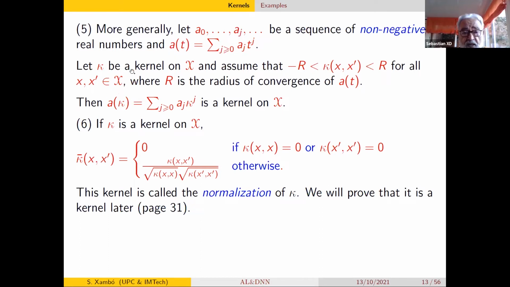Then you can define a kernel on X: we substitute the kernel in t and obtain a kernel that can be denoted by A of kappa. This will work if kappa of x, x prime is in the range between minus r and r, where r is the radius of convergence of A of t. This is the special case of the series.